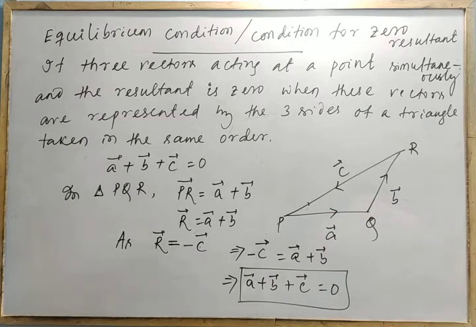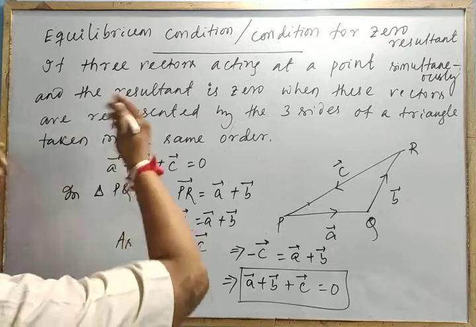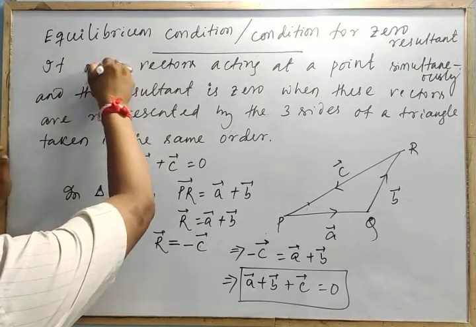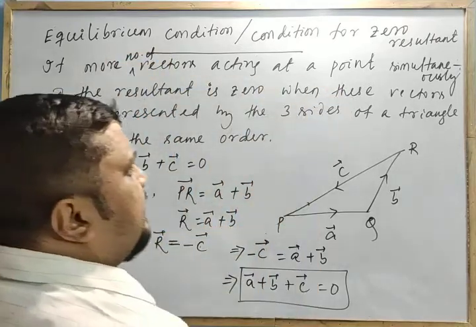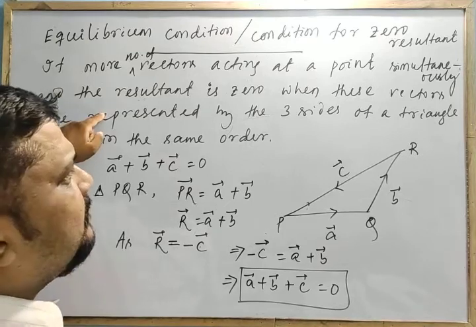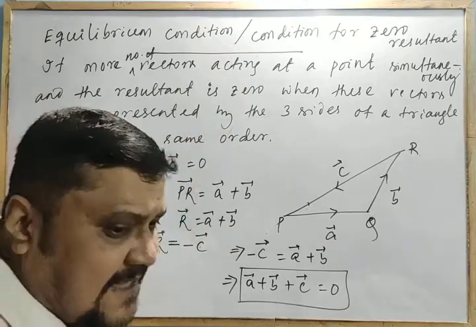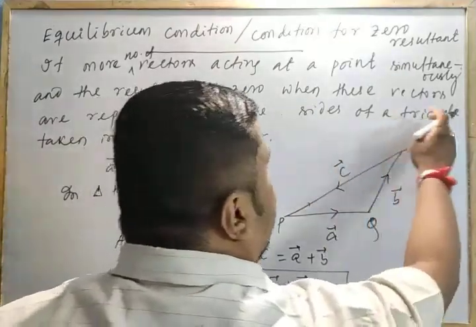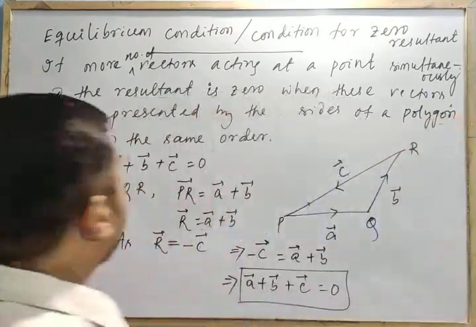Similarly, for a polygon, if more vectors, let me make the correction, more number of vectors are acting at a point simultaneously and the resultant is 0, then these vectors are represented by the sides of a polygon taken in the same order.